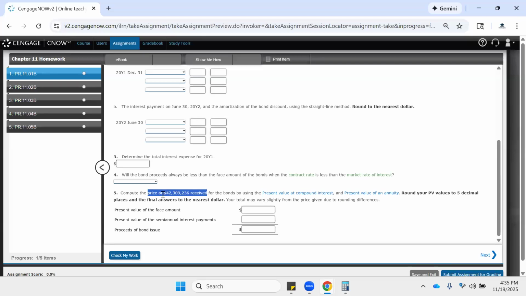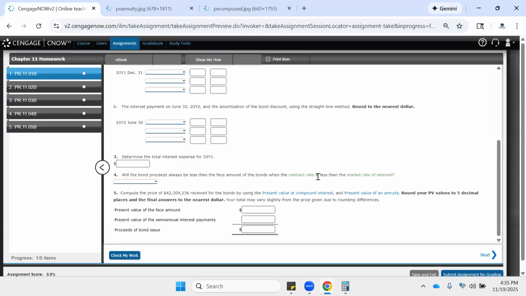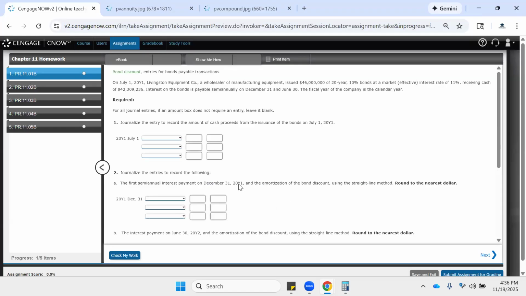We're going to recalculate this price by using these present value tables to properly discount the cash flows expected from the bond to get the valuation on the issue date. And so this will be a pretty comprehensive example for this chapter.